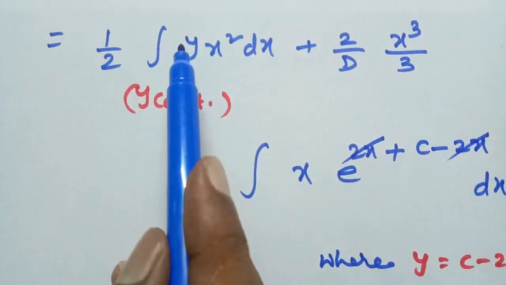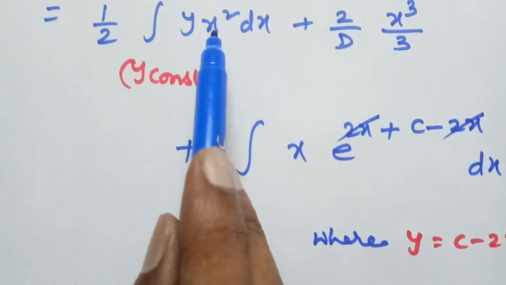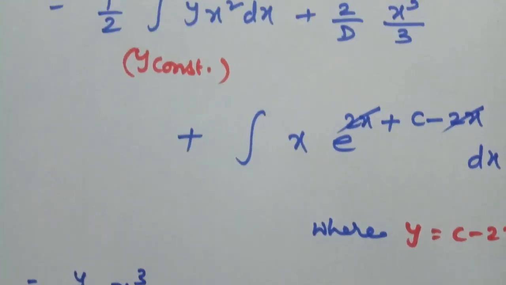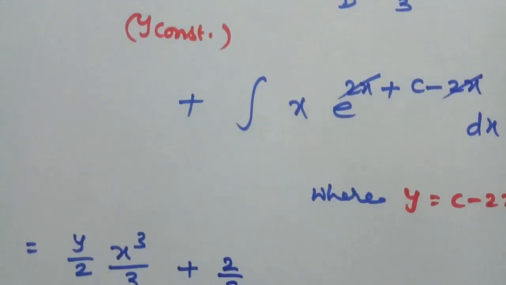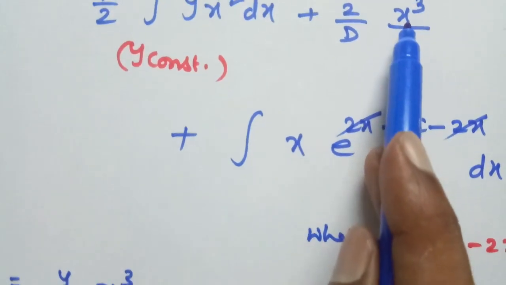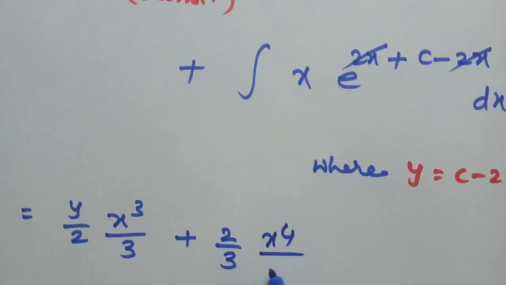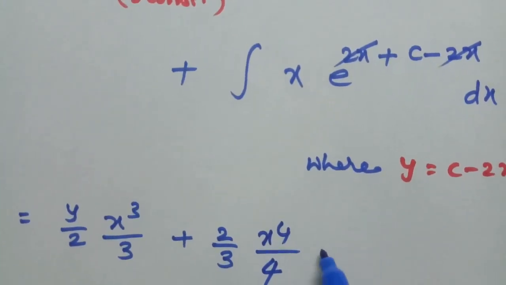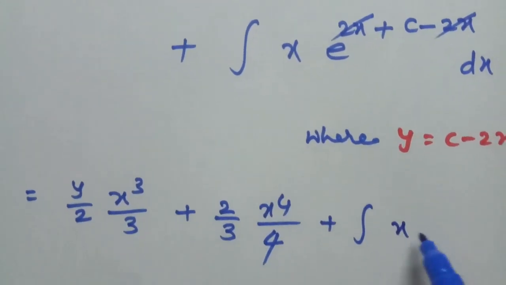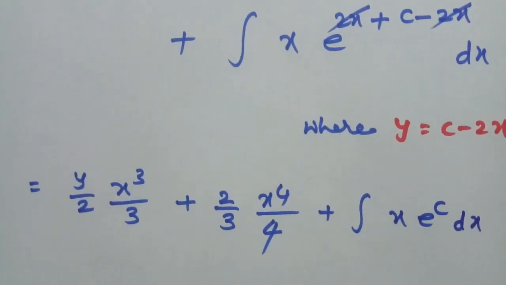Here y is constant, y by 2 into x square integration x cube by 3 plus 2 by 3 into 1 by d means integration of x cube. That means x power 4 by 4 plus integration of x into e power c into dx.